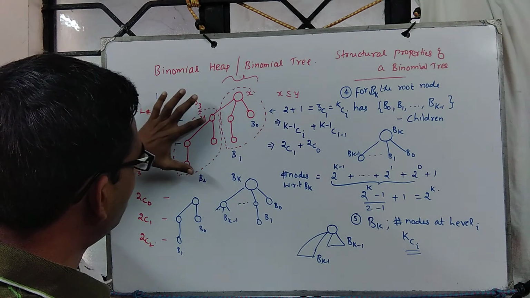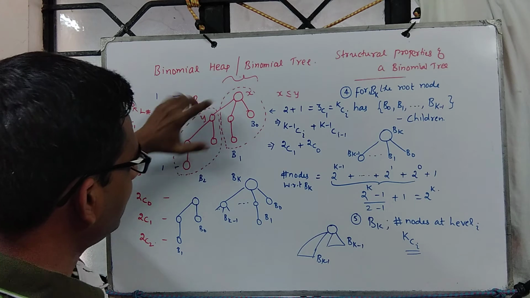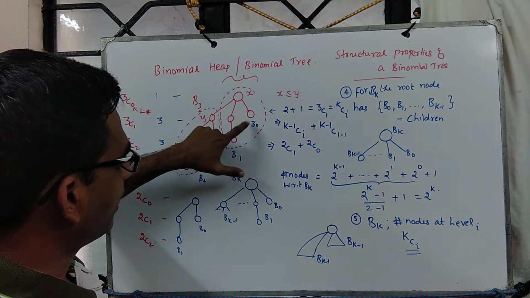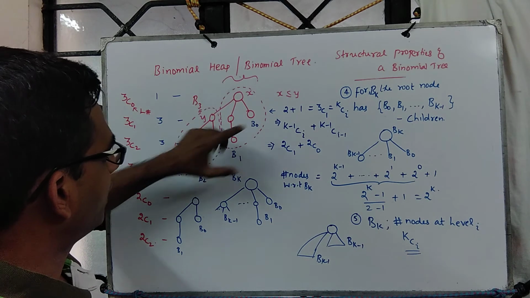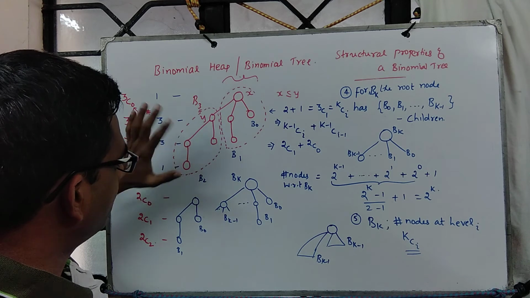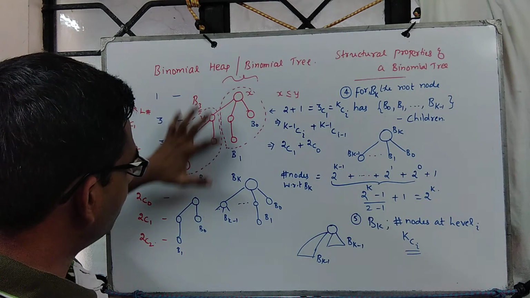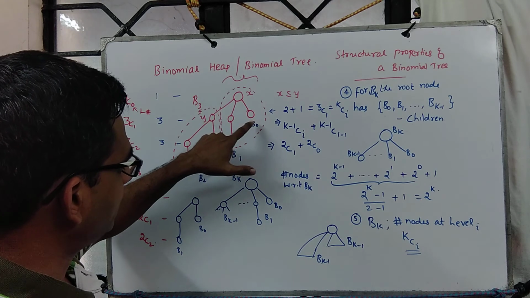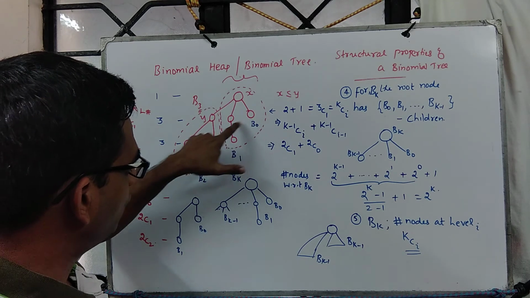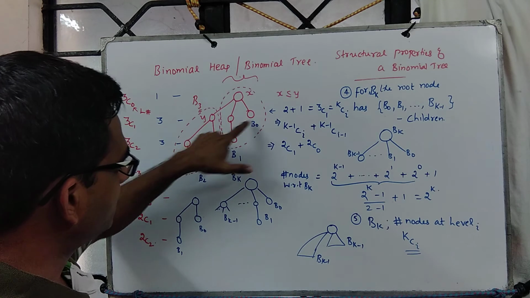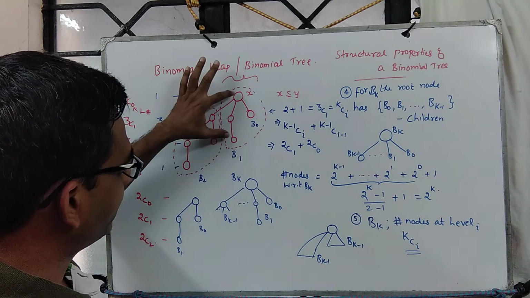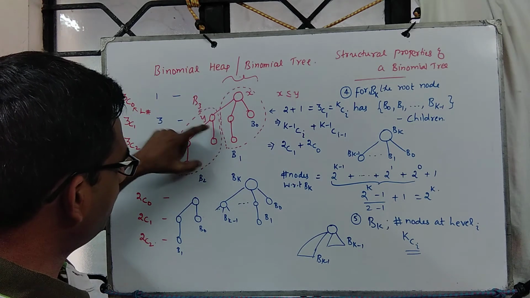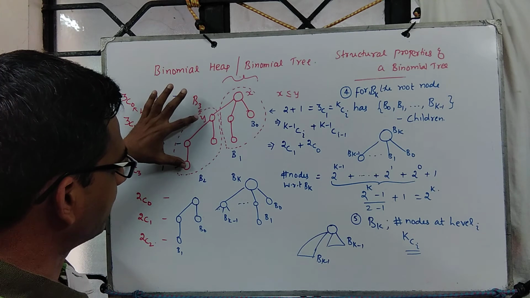Which means, counting this in general, BK and level is I, you can count using BK minus 1. So this 3 you can visualize as 2 plus 1. This 2 will be counted as part of this BK minus 1. This 1 will be counted as part of this BK minus 1.